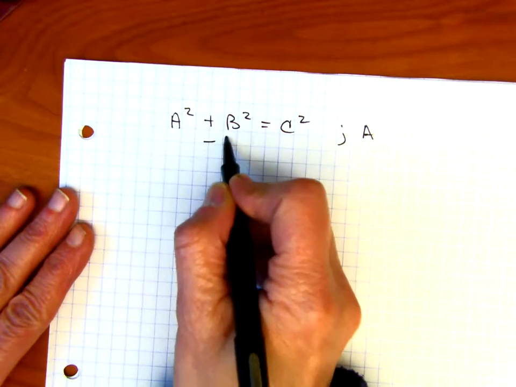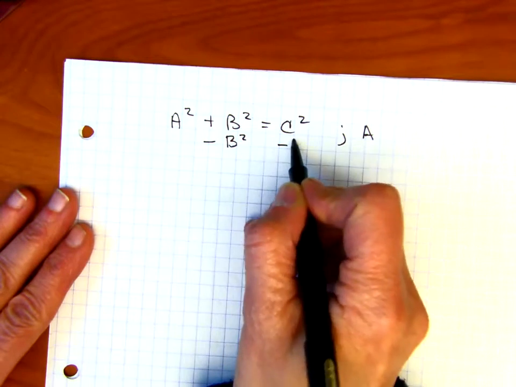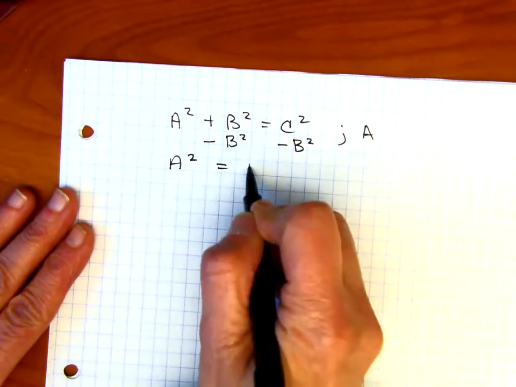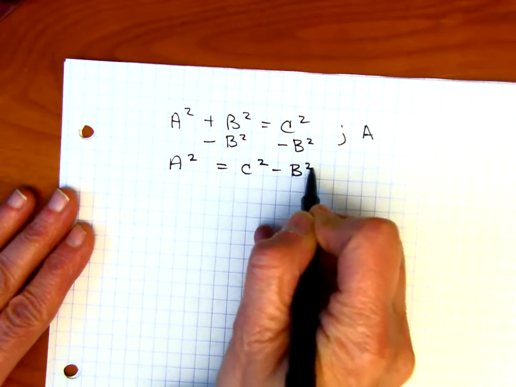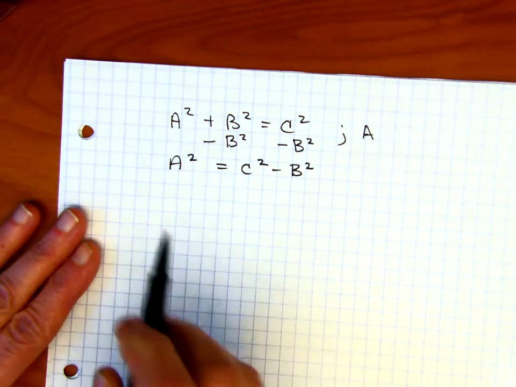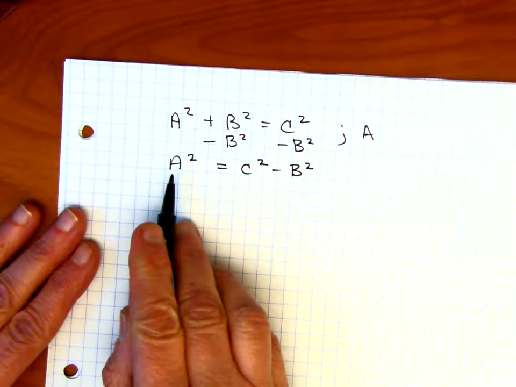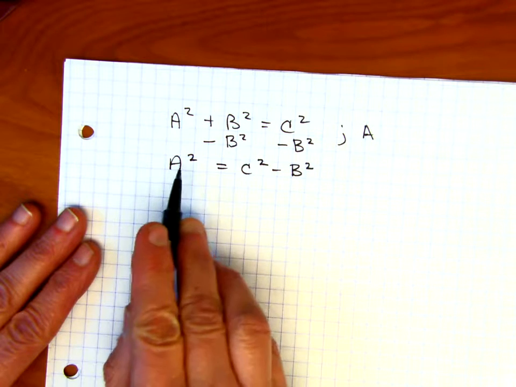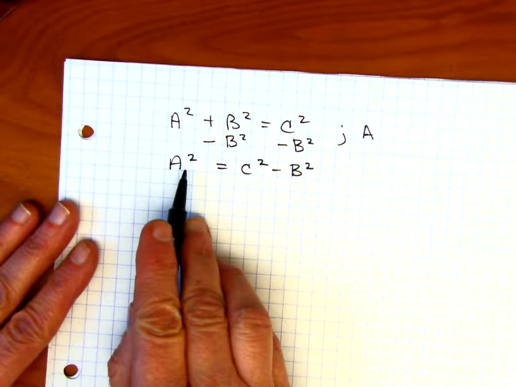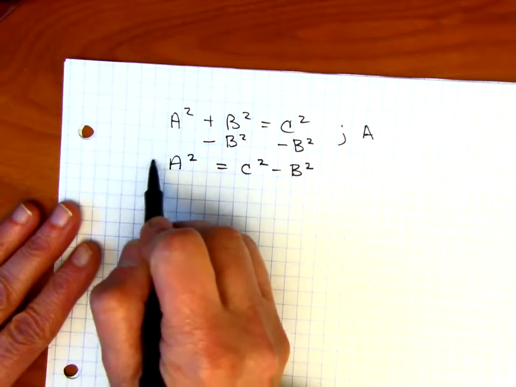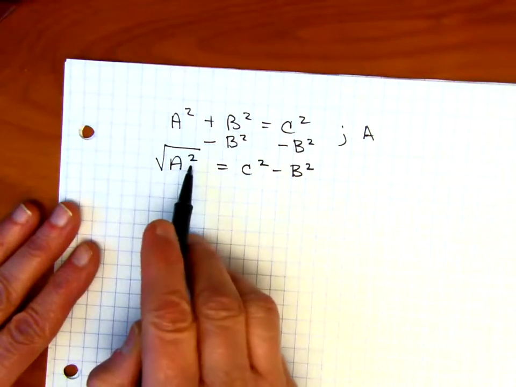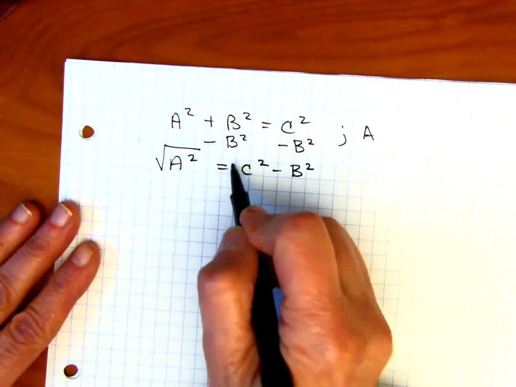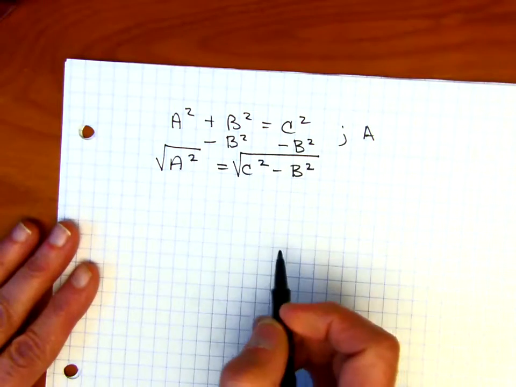Here we're going to subtract b squared from both sides. And I'll just rewrite it. A squared equals c squared minus b squared. Now notice that we do have the a on one side of the equal sign and everything else is on the right. However, that a is squared, and we only really want to know what a is, not a squared. So what we're going to do is take the square root, because that's the inverse of squaring. So we'll take the square root of this, but we also have to take the square root of the other side.